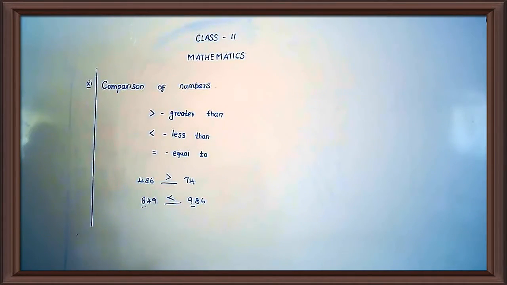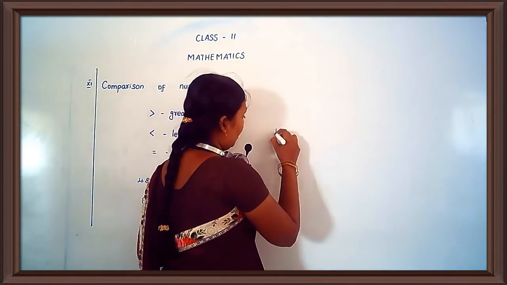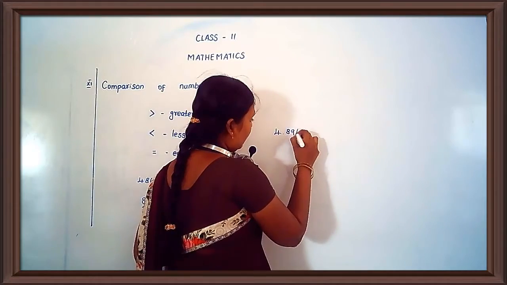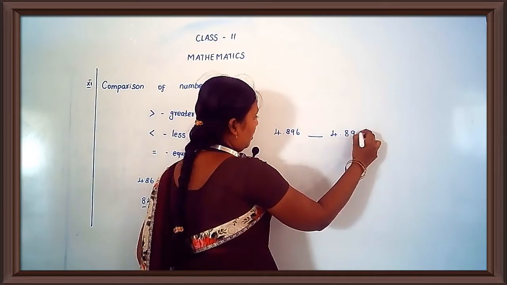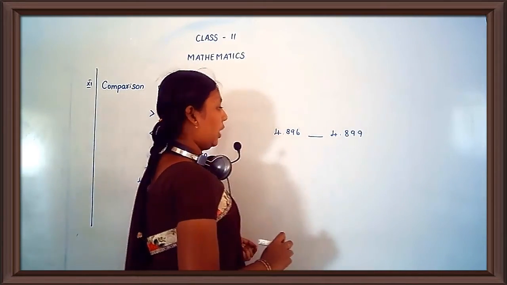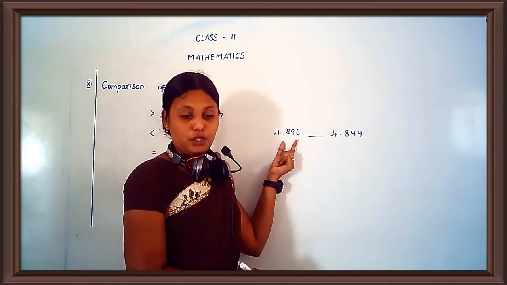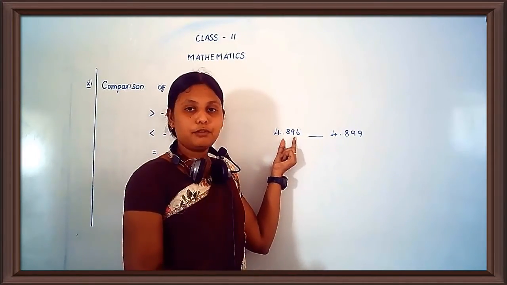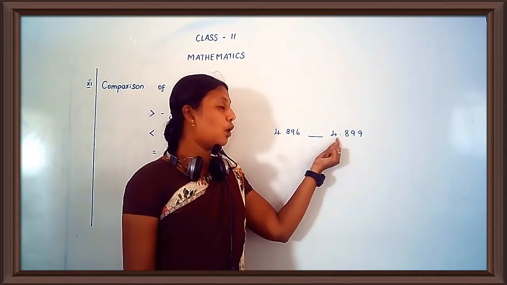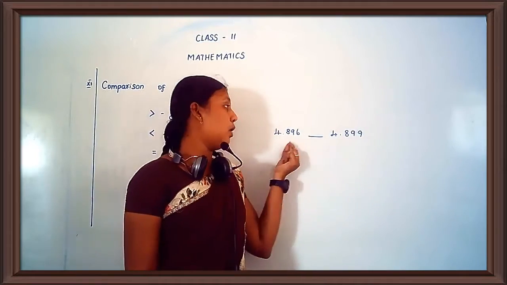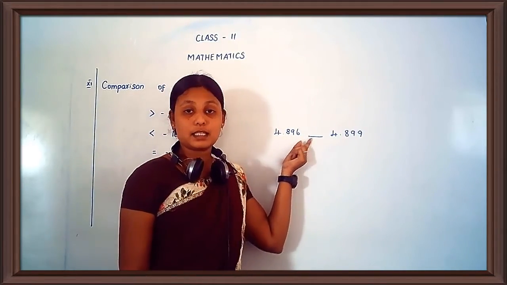Then if they give a 4-digit number, see here: 4896 and 4899. Now, how many digits is this number? 4 digits. And this one? 4 digits.